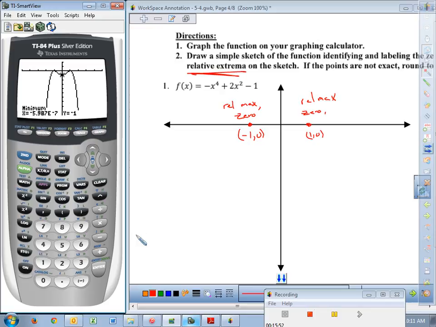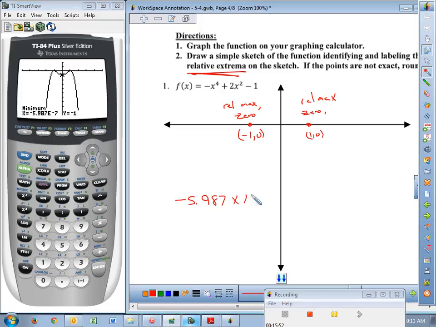And ooh. A lot of us don't understand scientific notation. Depends on your calculator. Everybody's got a little bit different. It might not say that, right? It might say something else. But this really says, let me kind of write it down here. It says -5.987 times 10 to the -7th power.